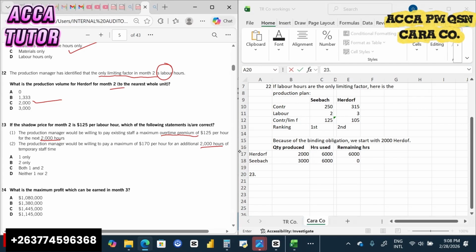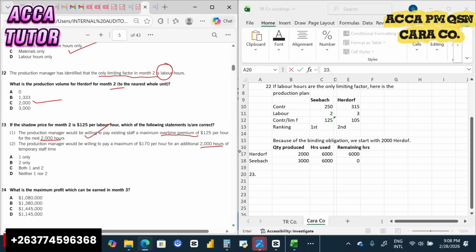So the production manager will be willing to pay that maximum overtime premium of $125 and nothing more, up to $125. Why? Because $125 is the shadow price of labor. Any additional labor is going to attract $125. So number 1 is correct.